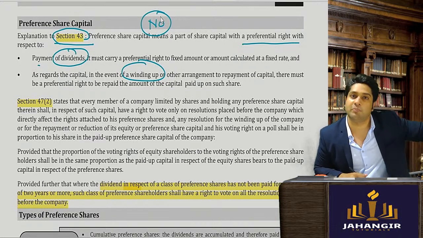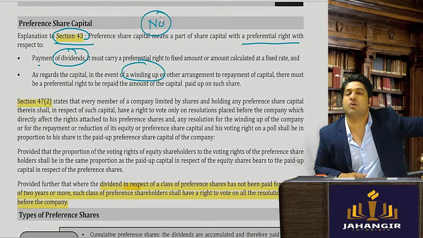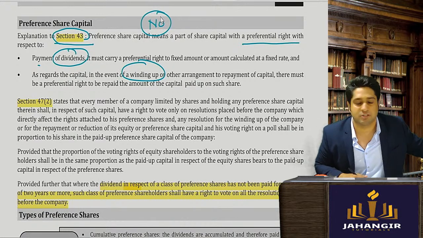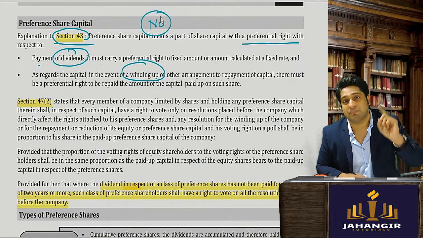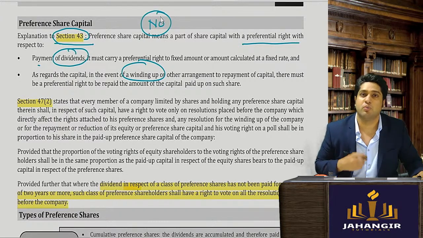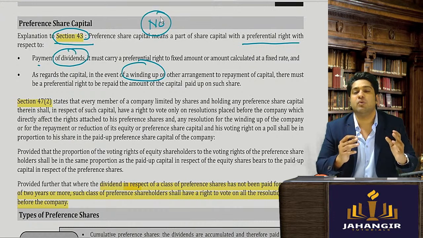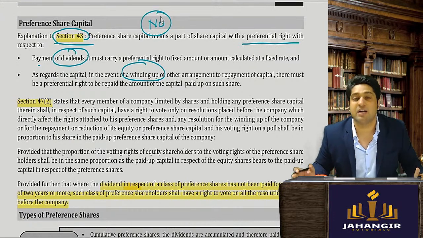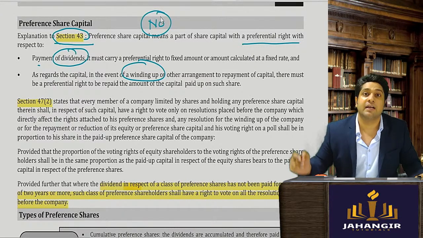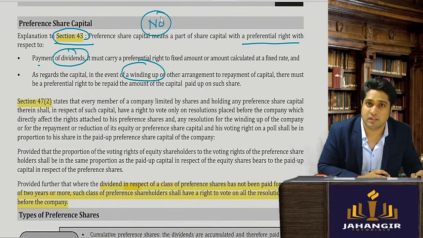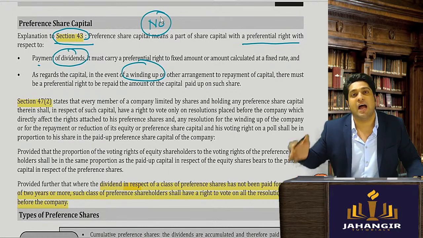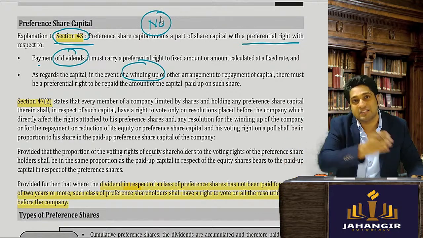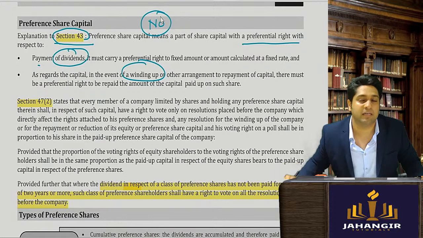They have their own meetings where only preference shareholders will go, something called class meetings. But there is an exception, and that exception is what comes in the exam, which I want you to know. Under what circumstances can preference shareholders attend the general meeting with the equity shareholders and vote on every single resolution that is put before the meeting?